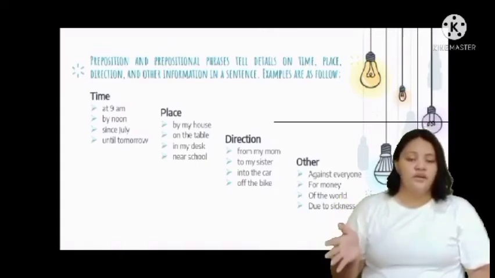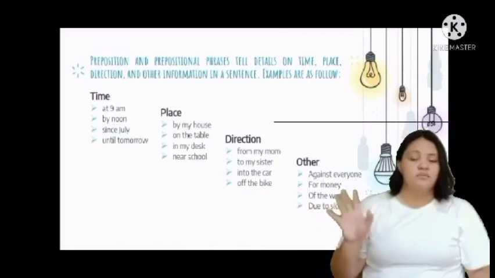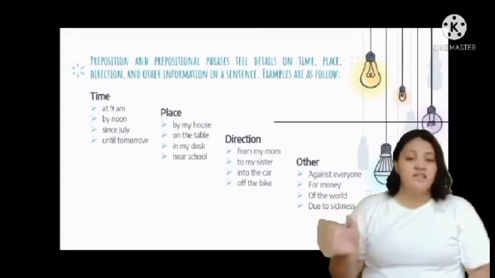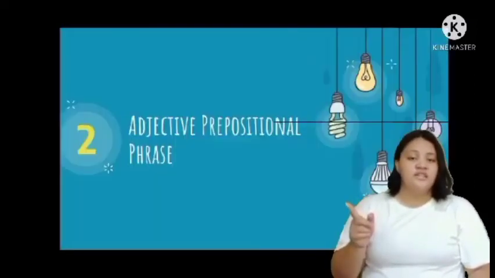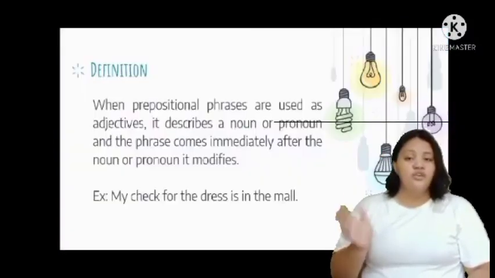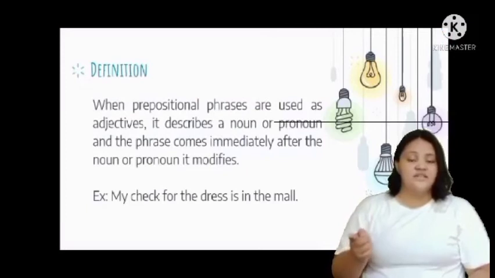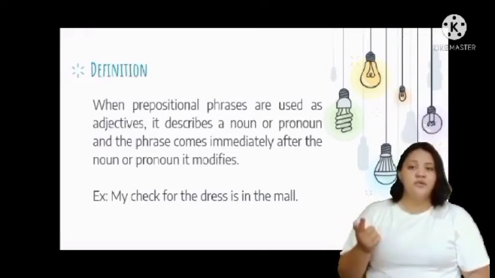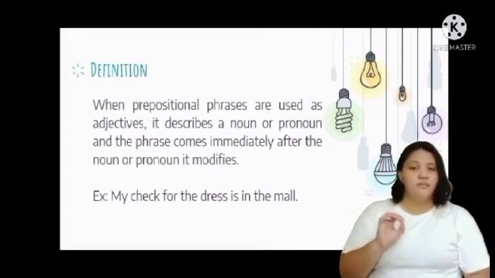Now that we have covered prepositions and what a prepositional phrase is, let us proceed to adjective and adverb prepositional phrases. When prepositional phrases are used as adjectives, they describe a noun or pronoun, and the phrase comes immediately after the noun or pronoun it modifies. For example, the sentence, "My check for the dress is in the mall."